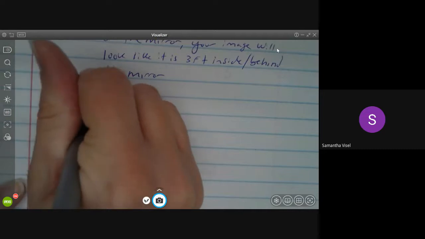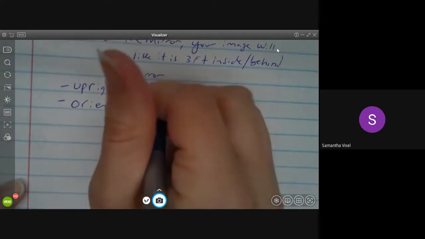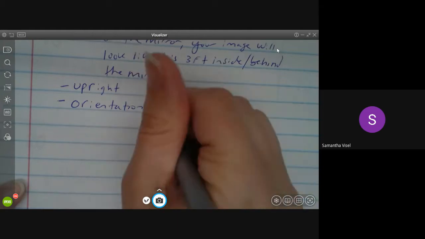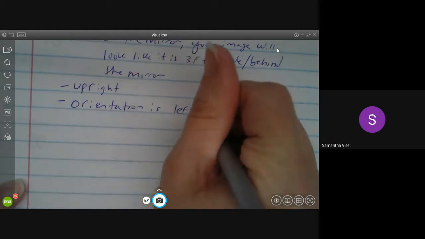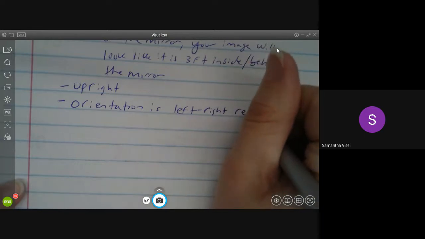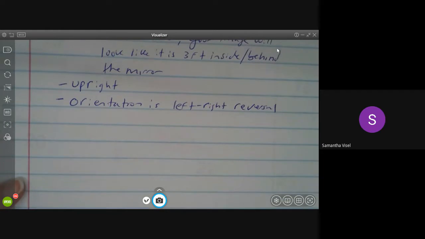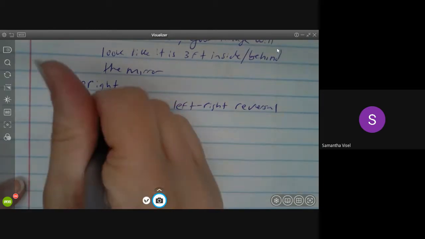The orientation is what we describe as being left, right reversal. So your orientation is left, right reversal. A couple examples of that.